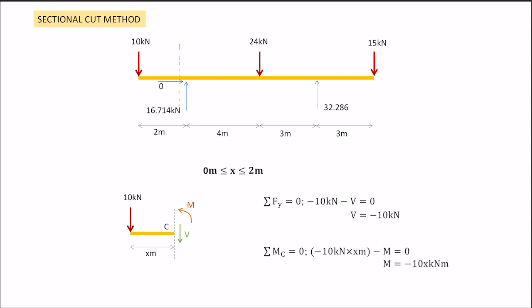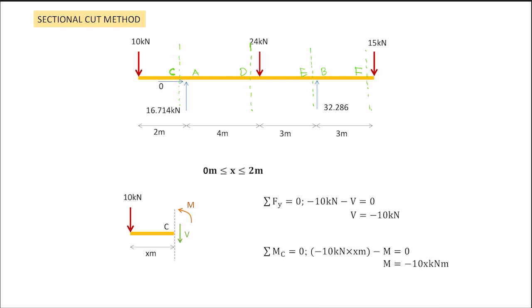Since this is at this point ni A and ini B, so ini I name it as C. And another one, before the 24 kilonewton going down, this is D. And then before the reaction at B, so ini E. And last sekali di sini, before 15 kilonewton force, F.